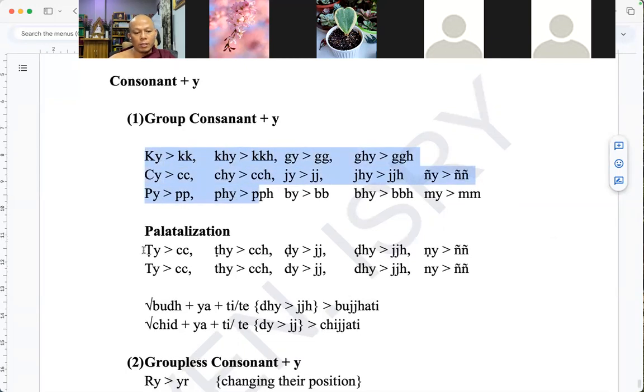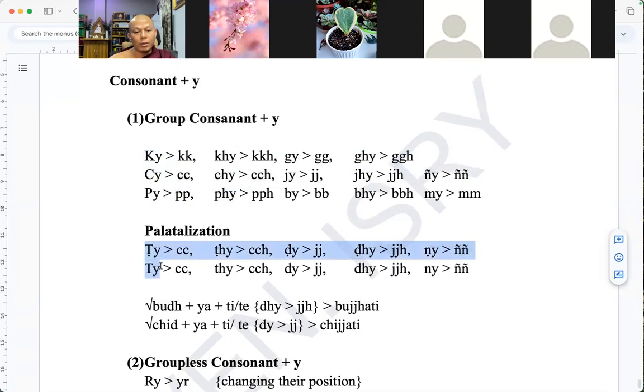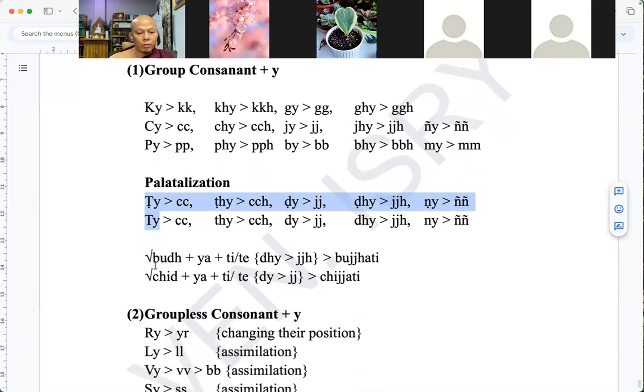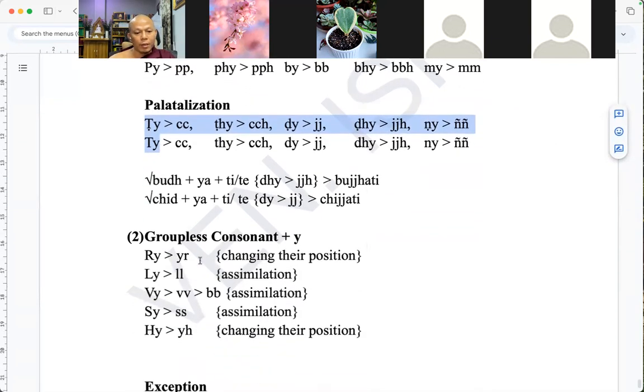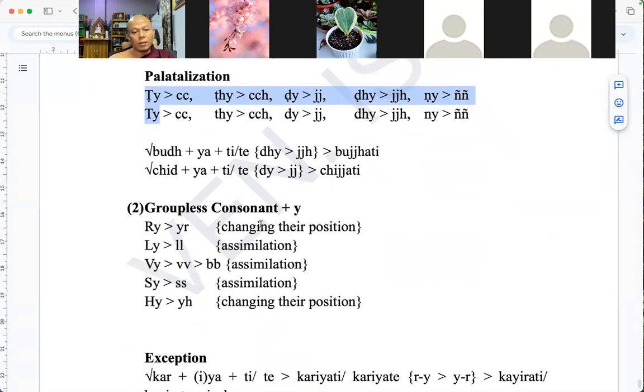And in the dental group, such pluralization, daya to ja, and taya to cha, and so on. But with the consonants like ra, raya changes position, laya is assimilated as la, waya becomes wa, and so on, but haya changes position in this way.